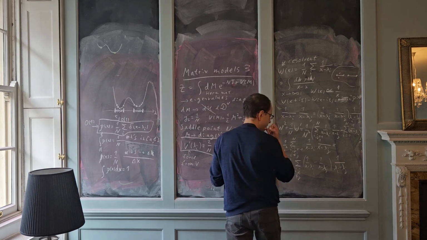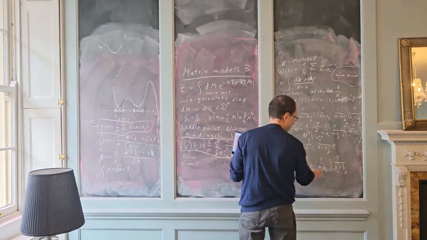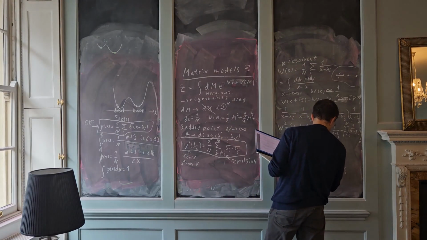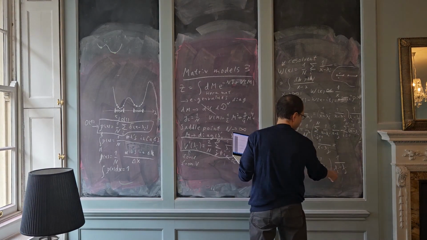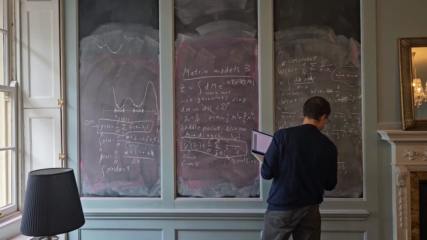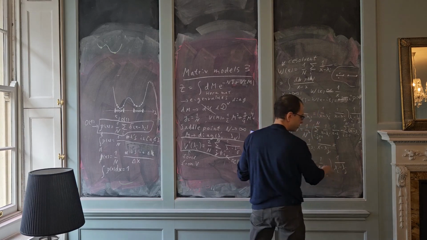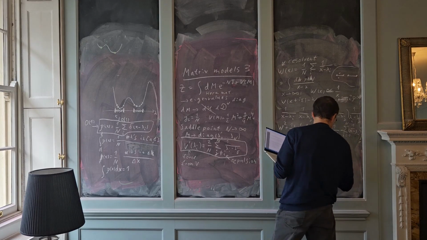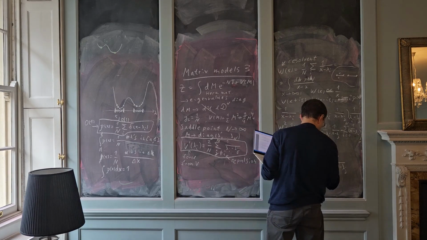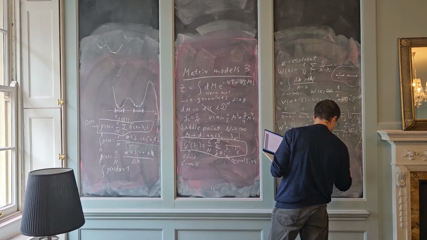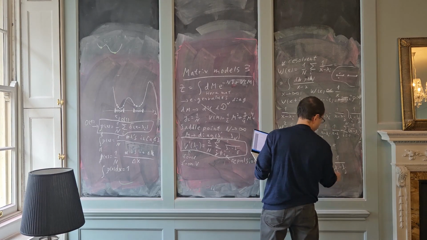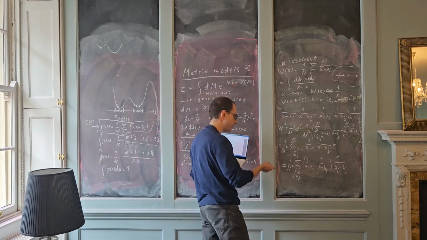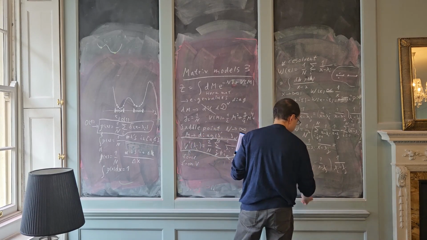Now, since we are summing over i and j, let's do the following manipulation in our head. Consider the second term here. For the second term, let's rename the summation indices i to j and j to i. Then this thing will change sign, which we can absorb into this sign. And the result will be just equal to the first term.